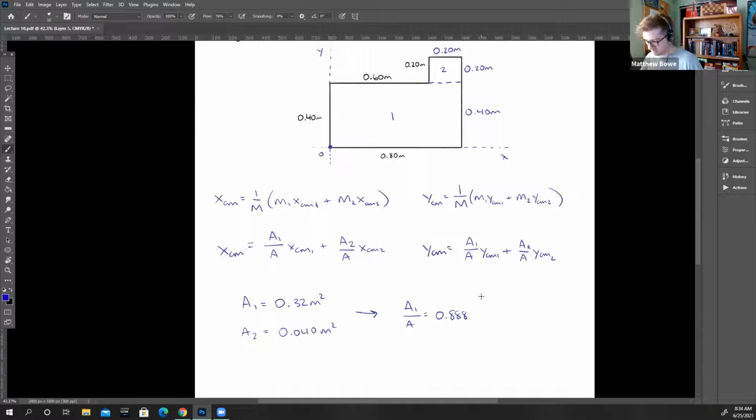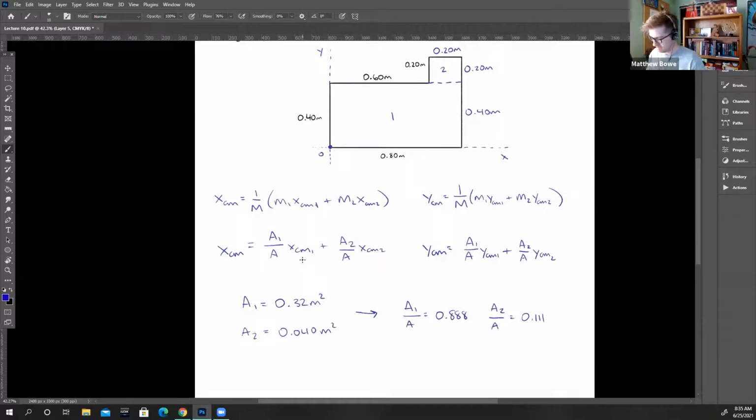I think the 8 just continues. And then area 2 over total area is 1.111. I'm just going to leave it at 3 decimal places. All right, so we have these ratios. Now we just need to find these individual centers of mass.